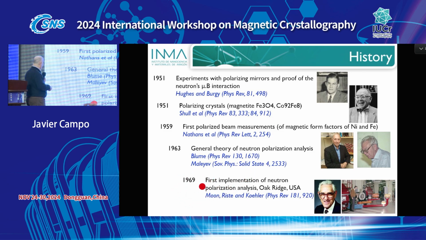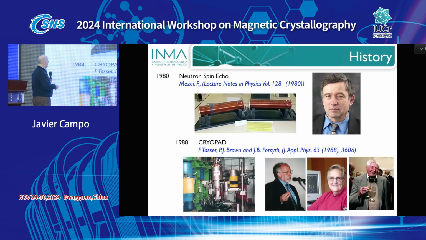Also in 1969, Moon, Riste and Koehler in Oak Ridge did the first experiment on polarization analysis, longitudinal polarization analysis. And also, more recently, Ferenc Mezei discovered or invented, if you want, the spin echo techniques by using these also polarized neutrons.